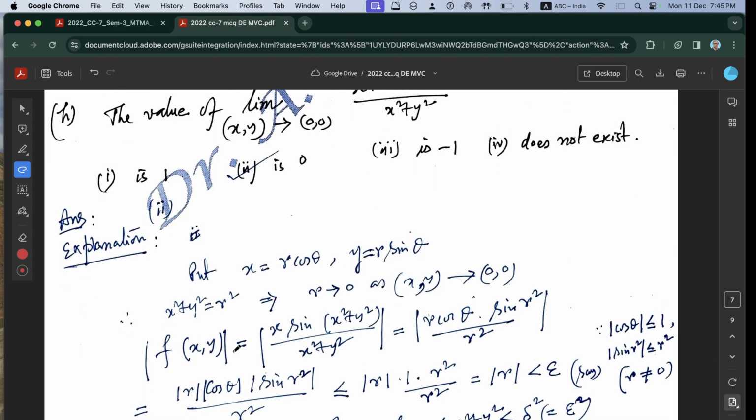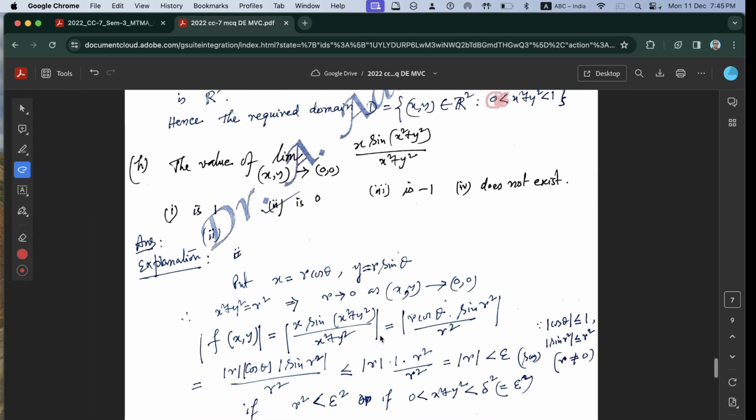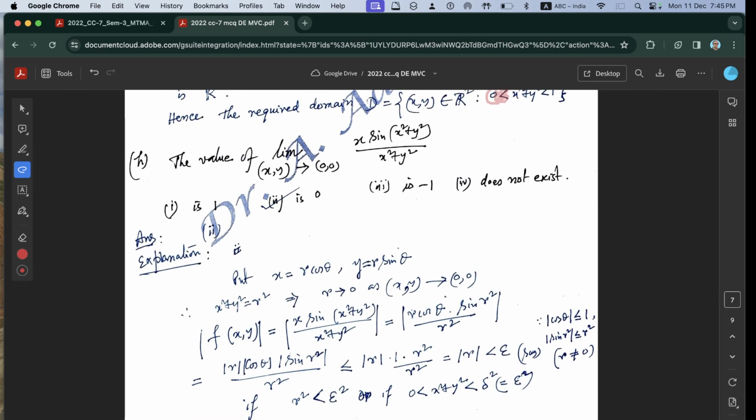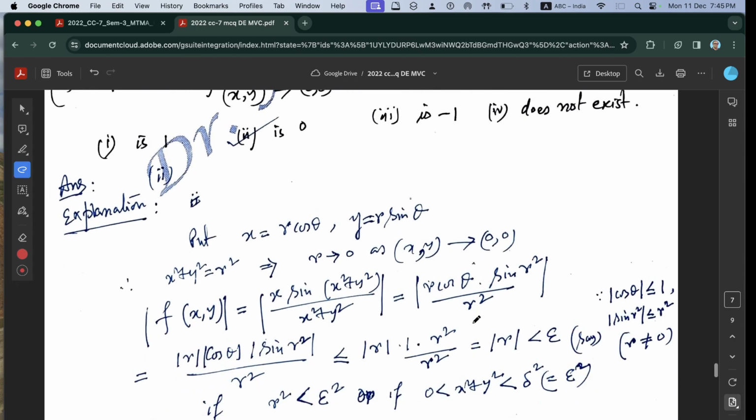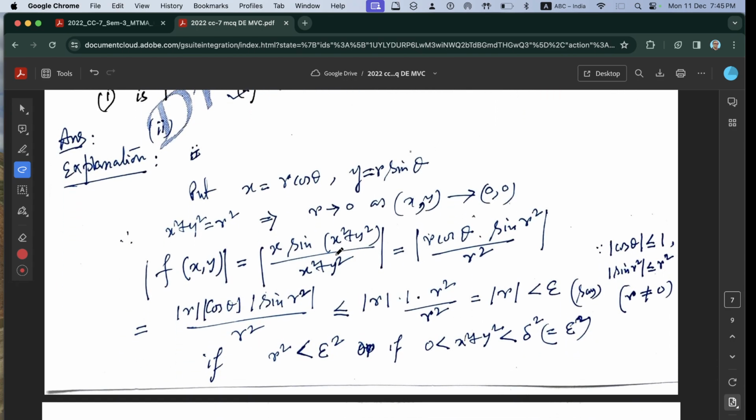So the modulus of f(x, y) equals the modulus of x sin(x² + y²) divided by x² + y². Hence, with x = r cos θ, this is sin(r²) divided by r².